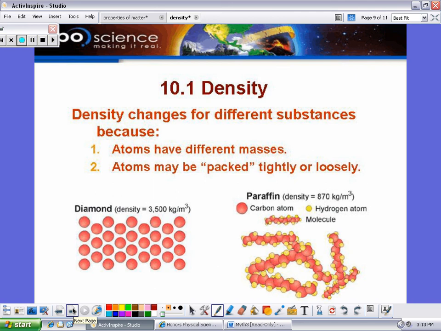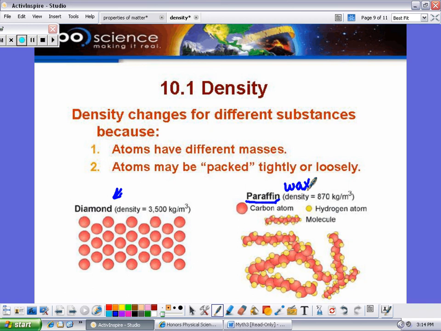Density will change for different substances because atoms have different masses. Atoms may be packed tightly or loosely, and this goes back to my example of looking at the steel versus the aluminum. Here they give you the example of diamond. Diamond is one of the hardest things on the earth, that's hard to break. Paraffin is a wax.